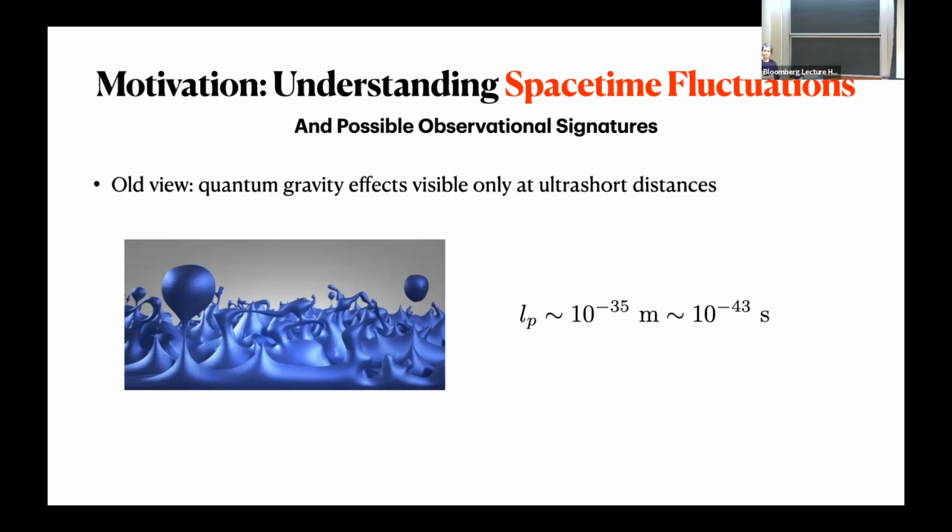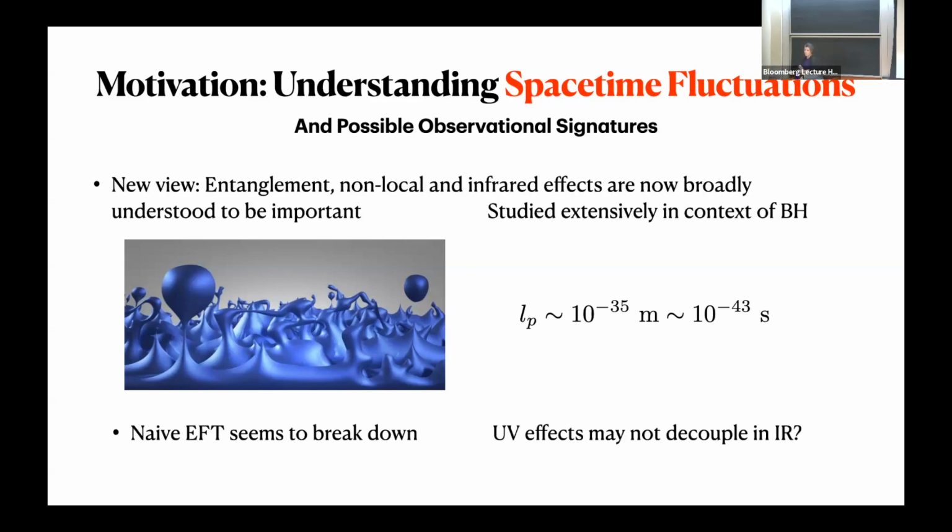The Planck length is 10 to the minus 35 meters, 10 to the minus 43 seconds, and these are length and time scales that are much, much too small to be observable in any type of experiment. But there have been a lot of developments in the last 10 years.